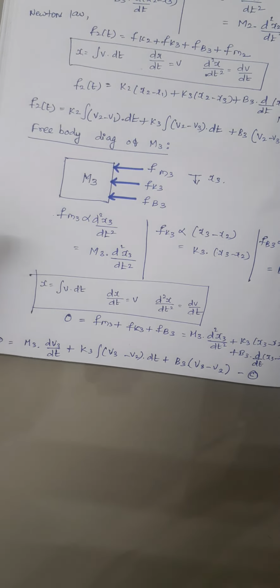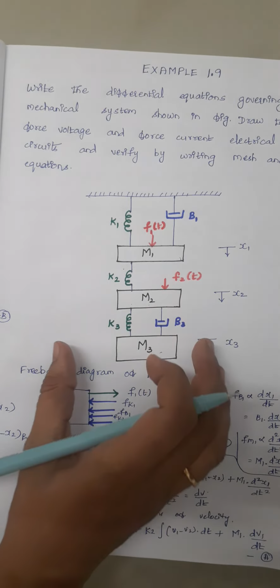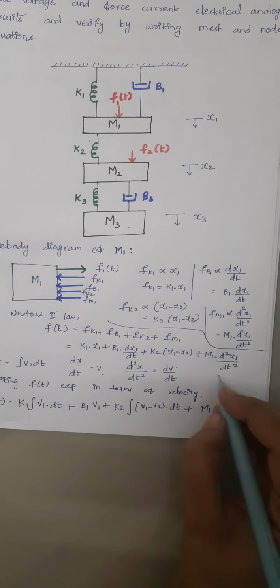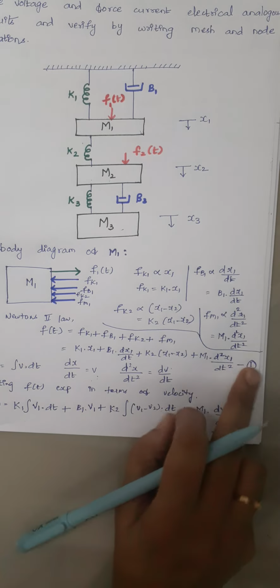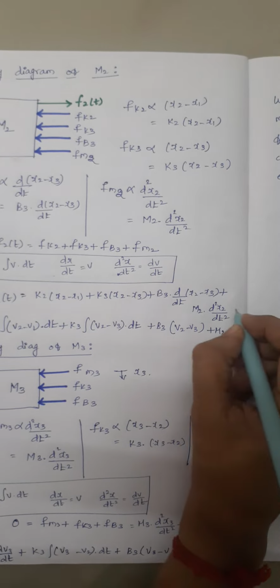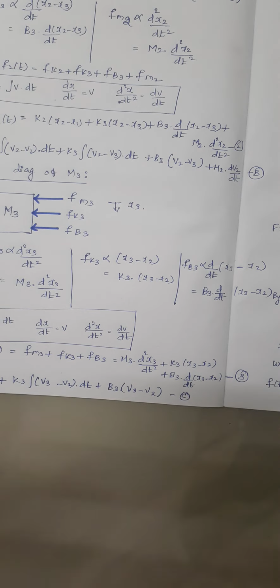So we had solved only our first step, that is, the differential equations governing the mechanical system have been written. This is your first differential equation, equation number 1, this is our second differential equation for F2 of t, and this is our third differential equation.